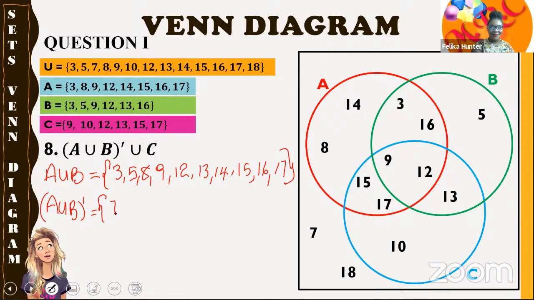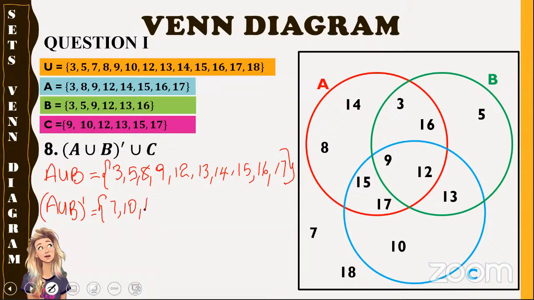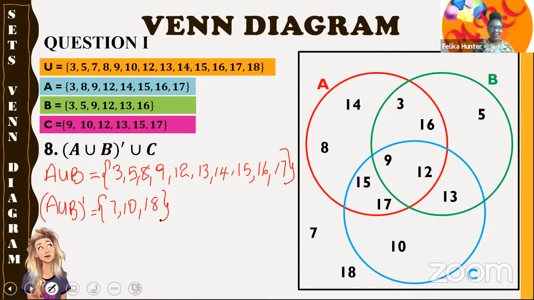Good. What's the next one, Peter? 10. 10, good. And 18, awesome. Well done, Peter. So it's 7, 10, and 18. Yes, we didn't miss any. Thank you, Peter, well done.